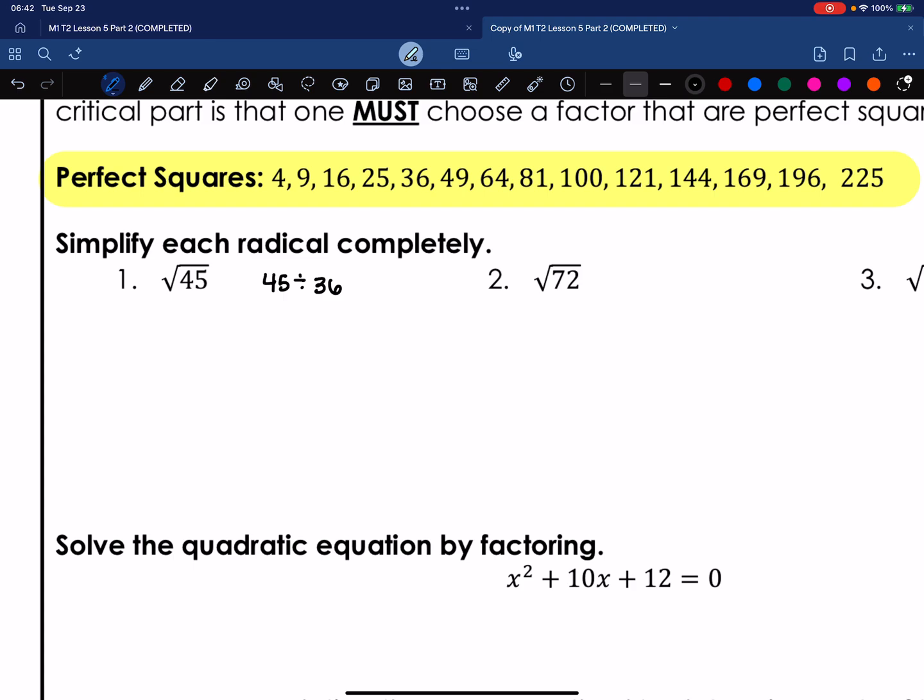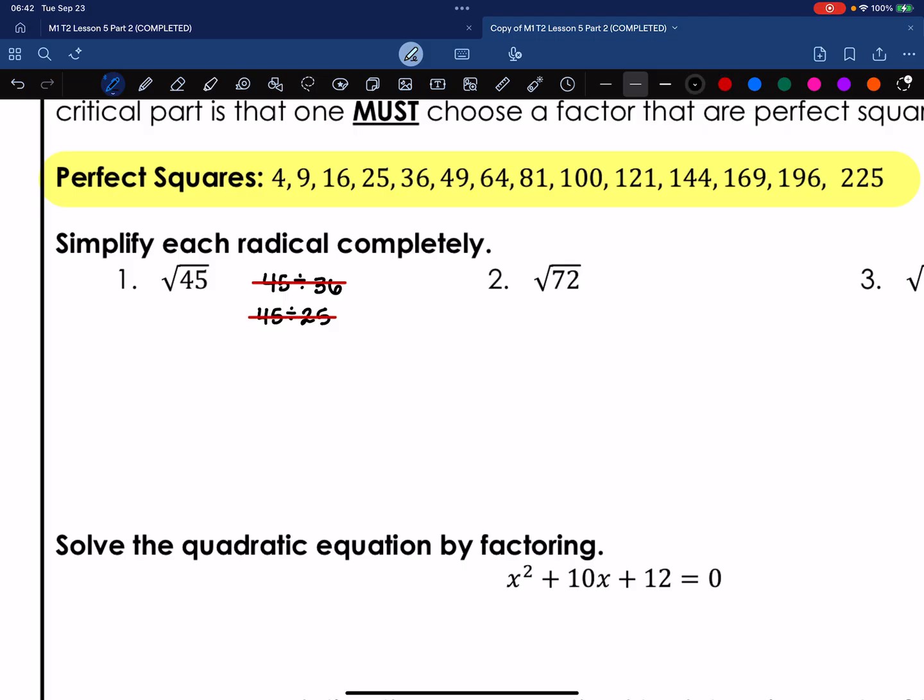Our goal is to see, do we get a nice whole number or do we get a decimal? So 45 divided by 36, we get a decimal, so that's not our answer. And you just keep on going. 45 divided by 25, we get 1.8, so that doesn't divide evenly.